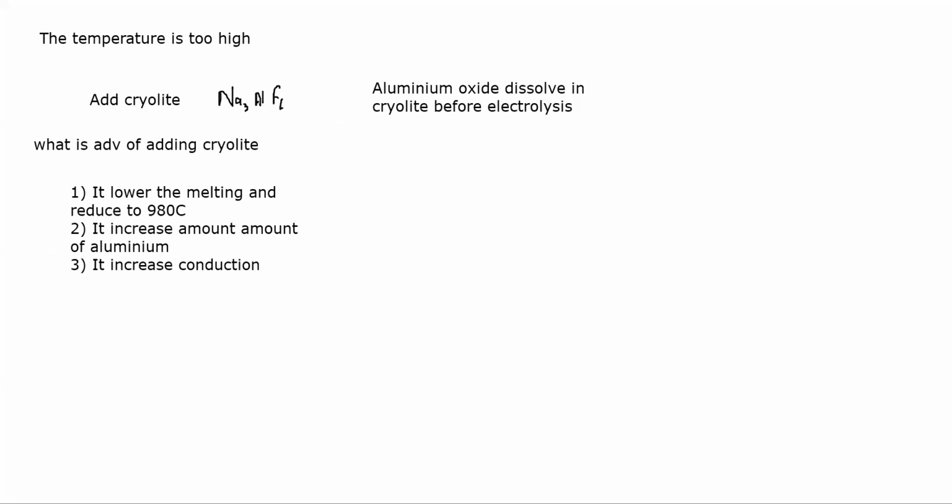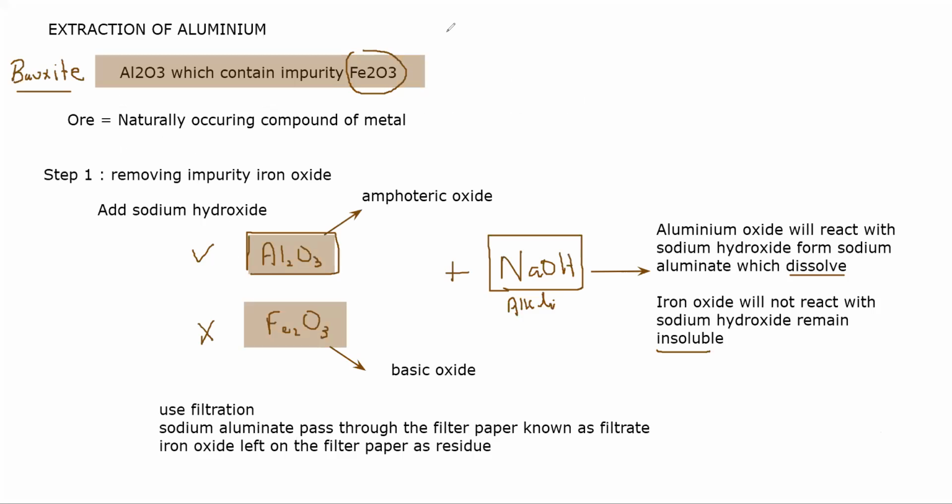Is it clear, this process? So first we started with aluminum oxide, which contains impurity, iron oxide, and the ore is called bauxite.